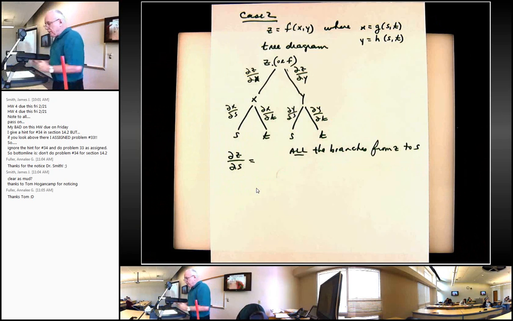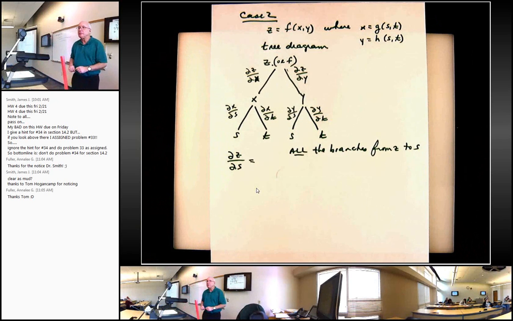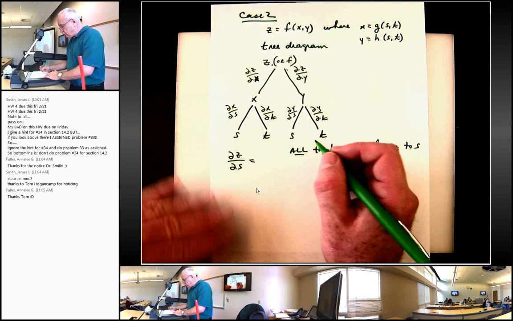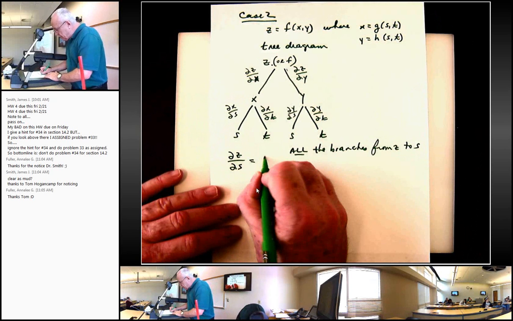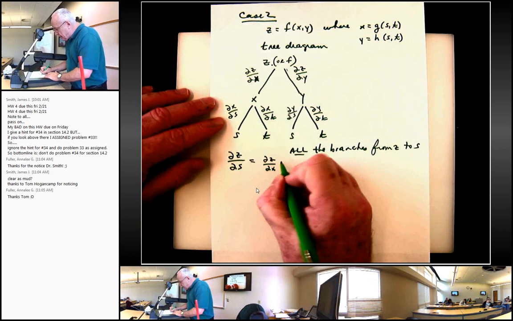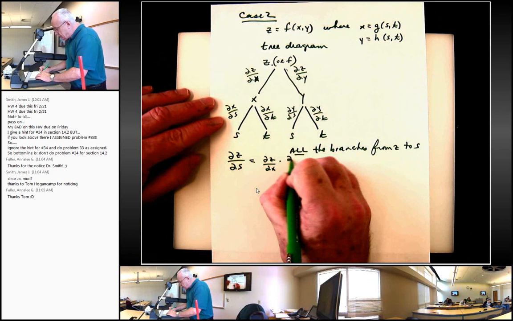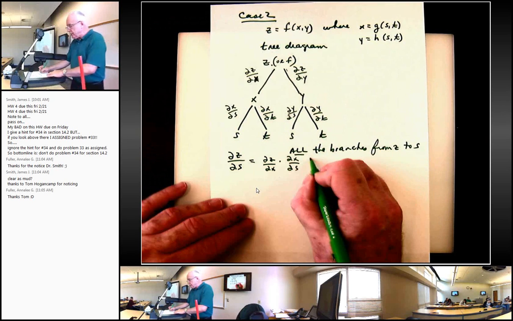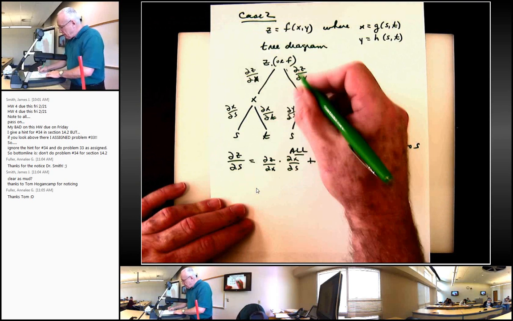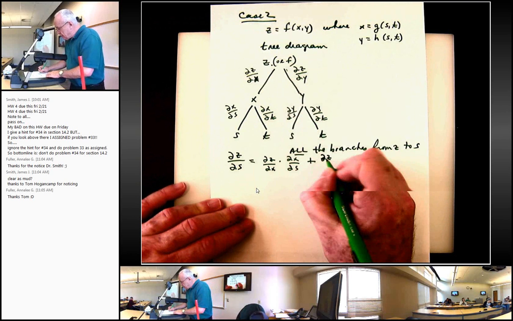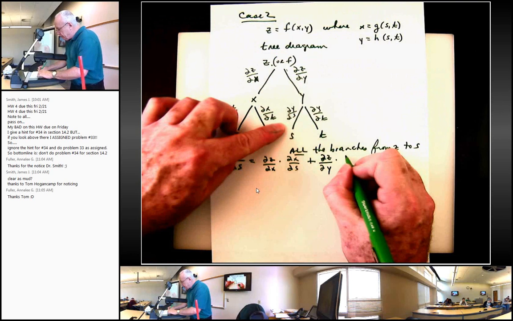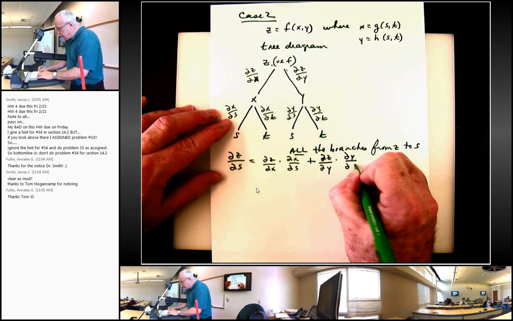And then if we've written those partial derivatives along there, it's just a matter of writing it off the tree diagram. So this is going to be delta z, delta x, times delta x, delta s. That's a branch there, plus delta z, delta y, times delta y, delta s.